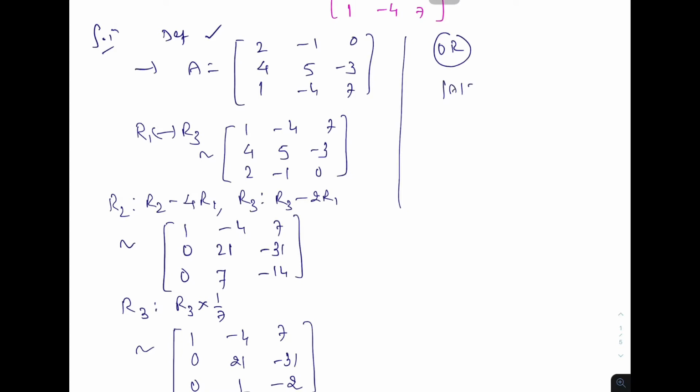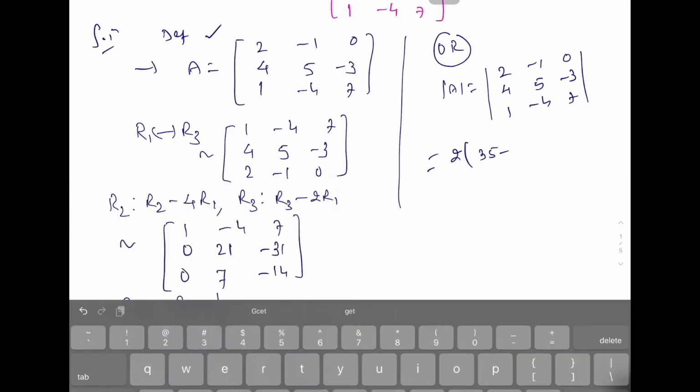Like first you find the determinant. If it is not asked to find by using row echelon form, you can apply this method. So 2, -1, 0, 4, 5, -3, 1, -4, 7, and find the value of this determinant. 2 into 7 into 5, 7 5s are 35, minus these two, so 12.